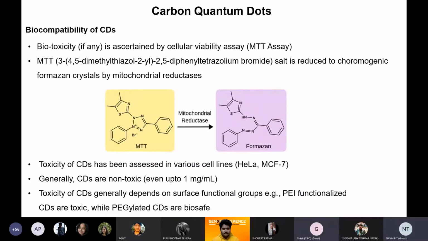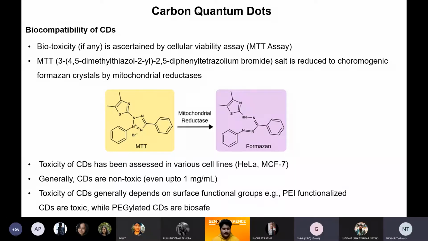Another important factor before we consider carbon dots for biomedical application is their biotoxicity. I guess everyone knows the most accepted form of cell viability assay is the MTT assay that people usually do for assessing the toxicity of any nanomaterial, be it carbon dot, quantum dot, or gold nanoparticles. This is a very accepted form of testing for toxicity of any biomaterial.